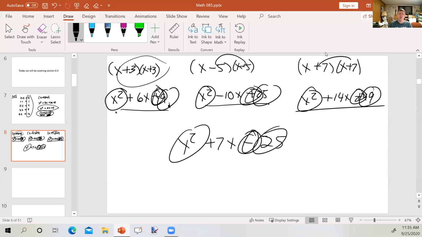All right, now, the author explains it even in greater detail, dealing with the middle term. My experience has been it's more confusing to students at this point, so I just kind of leave that off, and what I do is I say this. If we're looking at a trinomial and we're investigating whether it's a perfect square, we're going to look at the leading term and make sure it's a square, and the last term and make sure it's a square, and then make sure there's a plus sign in front of it.